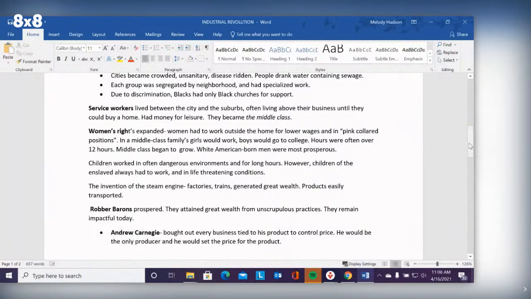Then, when we look at how certain people became the 1%, this was the legacy of the 1%. It came generally with the invention of the steam engine, which was used in factories, in trains, any place you needed a steam engine, they were put in and they just changed everything.